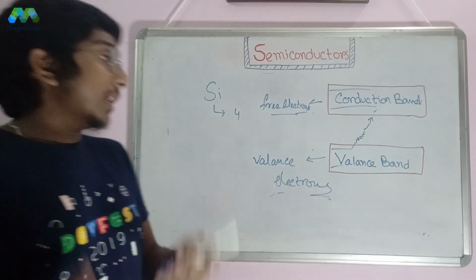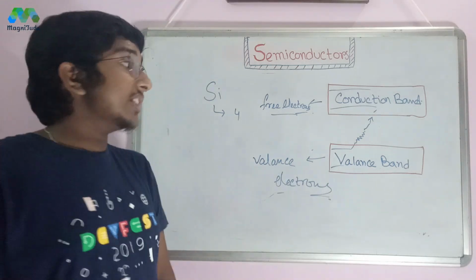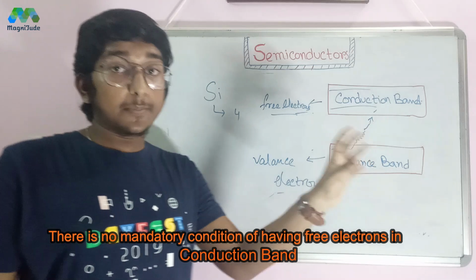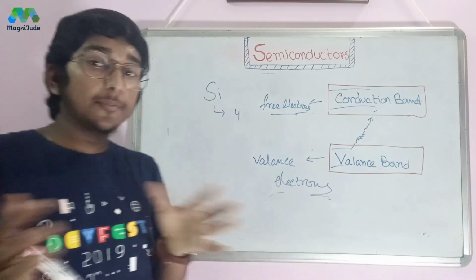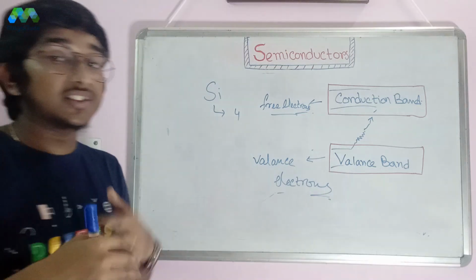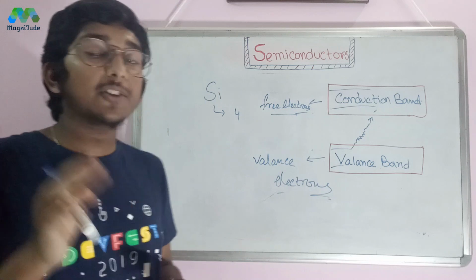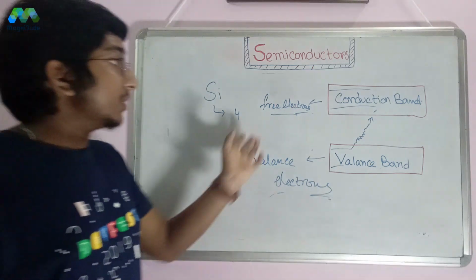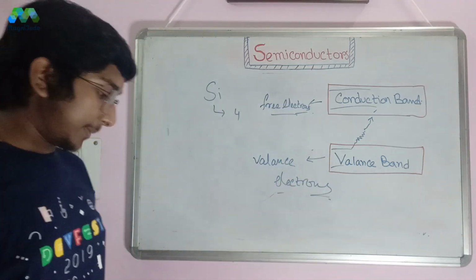Another important thing is that there is no mandatory condition that there will always be free electrons in the conduction band. We will see afterward that in some cases there are free electrons, and in some cases the conduction band is very far from the valence band, so free electrons cannot move there. So these are the basic differences between the valence band and the conduction band.